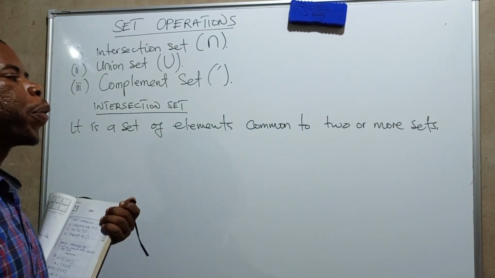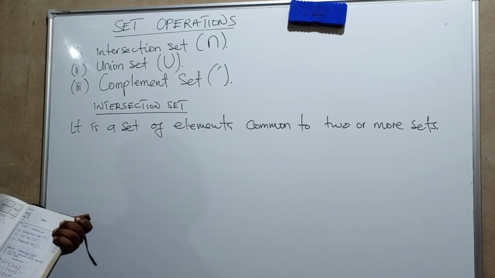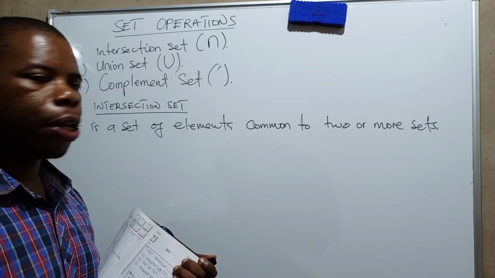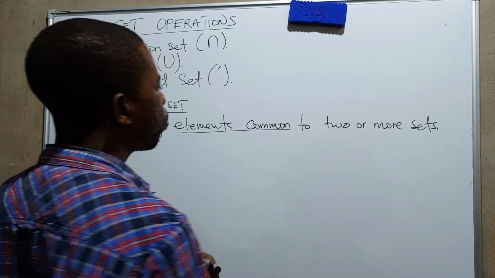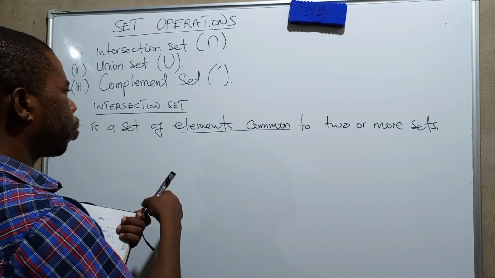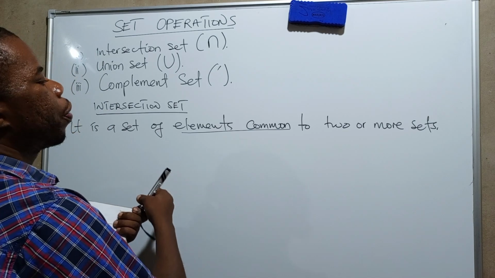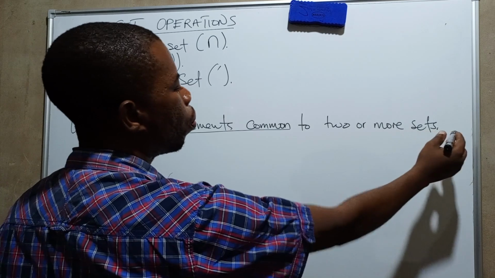So when we are talking of an intersection set, it is a set that we create from elements that are common to two or more sets.